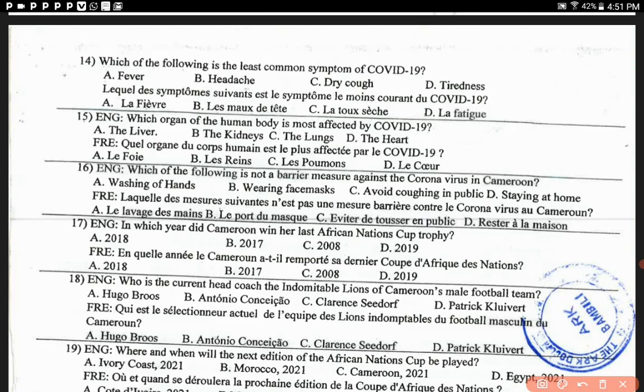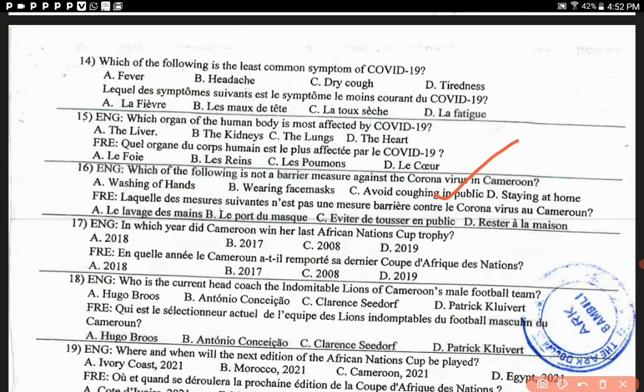By then, all of you were already born. So the question says, which of the following is not? So the answer is only going to be C. I will explain why.